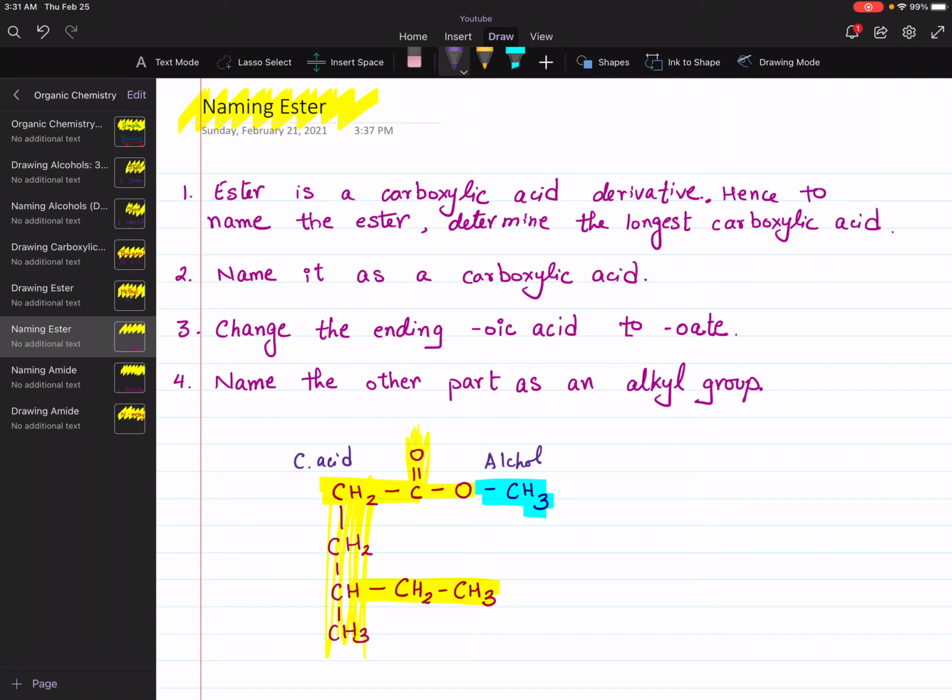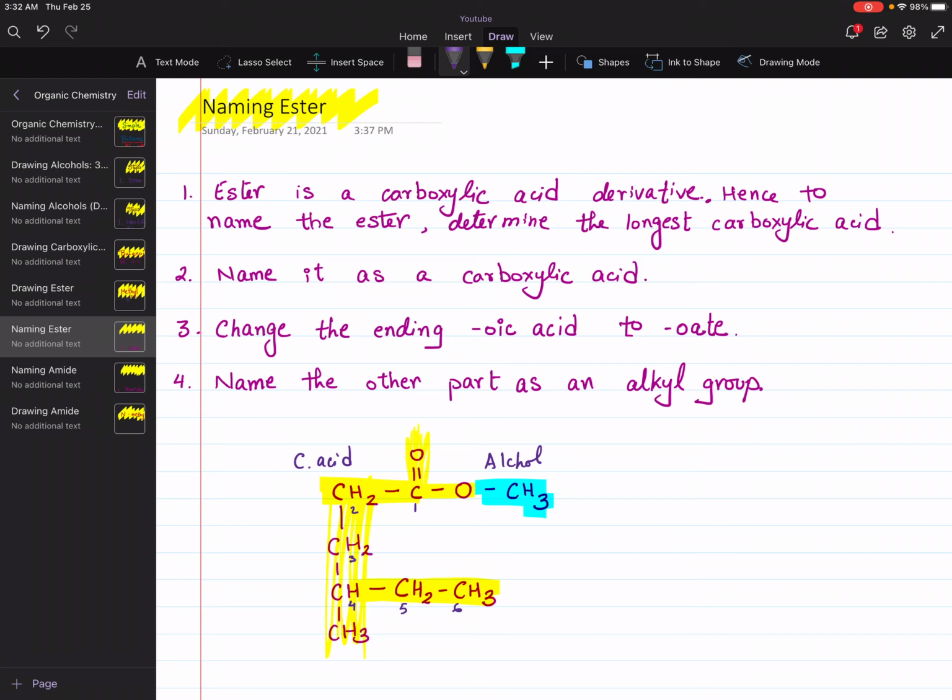Now, what we will do is we will first name the compound as a carboxylic acid. So we'll name the carboxylic acid first. If you're looking at the carboxylic acid, we always start with counting 1, 2, 3, 4, 5, 6, the longest carbon chain. So we have the longest carbon chain, which is 6 carbons.